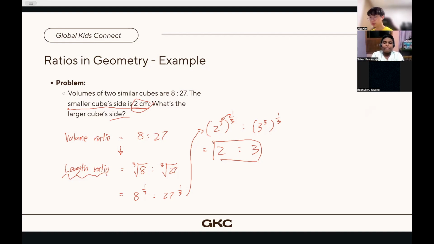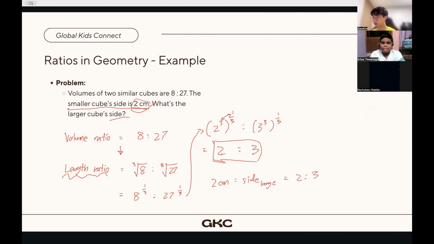From here, because we know the smaller cube must have a side length that is a multiple of 2, and the larger cube must have a side length that is a multiple of 3, we can say that if the smaller cube's side is 2 centimeters, then 2 to the side length of the larger cube is equal to 2 to 3.